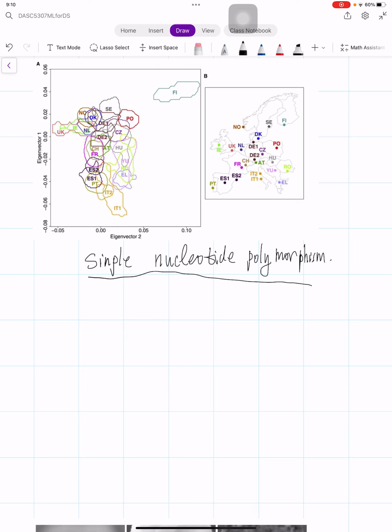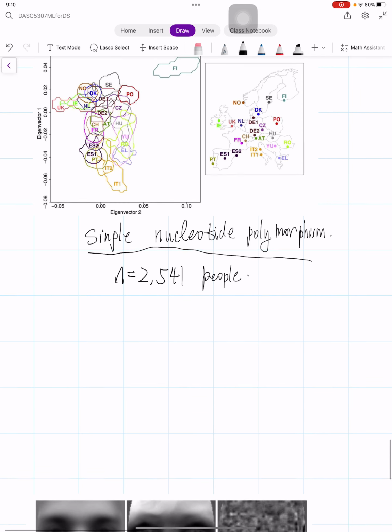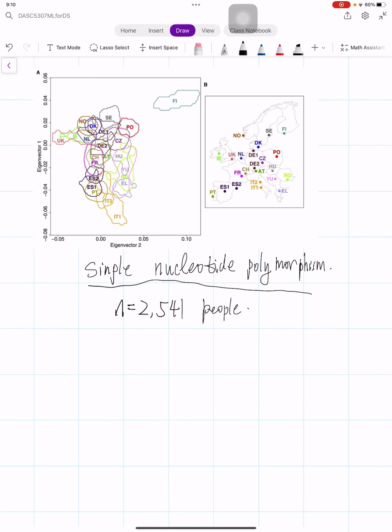So the original design matrix has a sample size here of 2,541 people. String data, okay, from all locations, it contains the locations and the SNPs for each person. So this is called SNP.